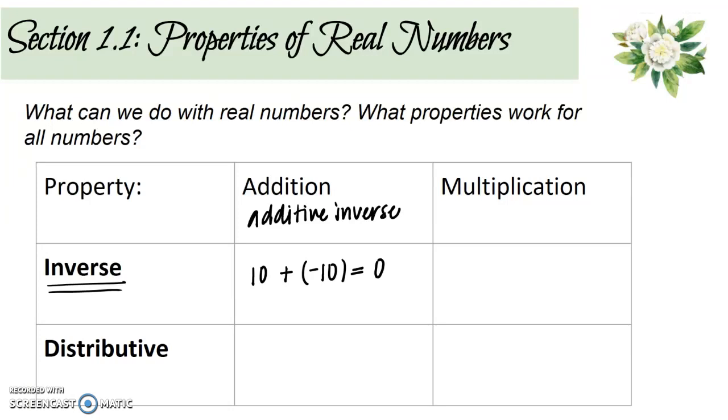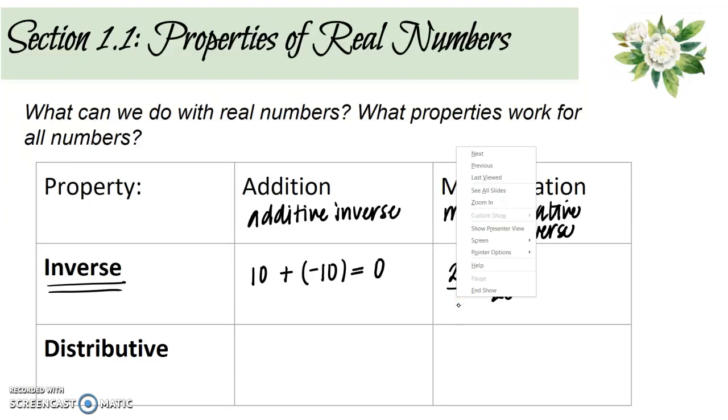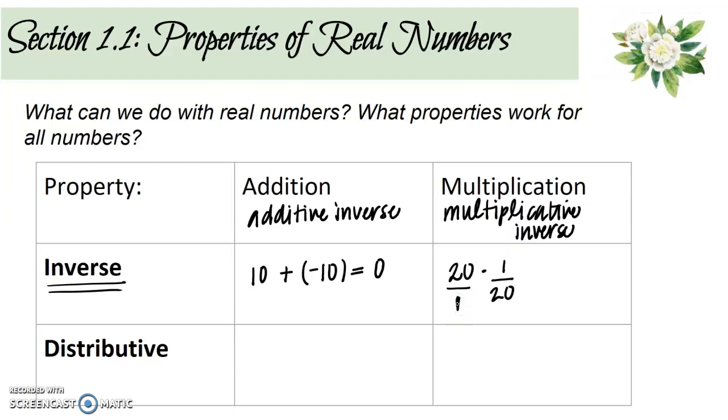Now, when it comes to multiplication, the multiplicative inverse is a little bit different. With the multiplicative inverse, we're not trying to get back to 0, but we actually want to get back to 1. So let's say, in this case, I start with the number 20. If I want to get 20 to the number 1, I'm going to multiply it by 1 over 20. And the reason for that is if I think about this as fractions, oops, did I just lose my pen?